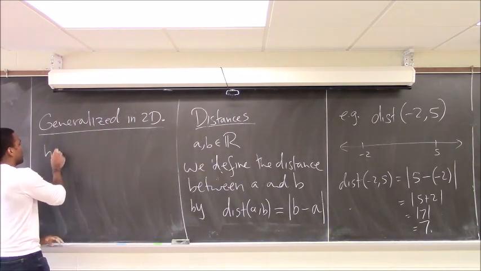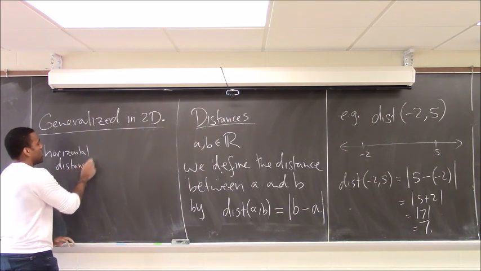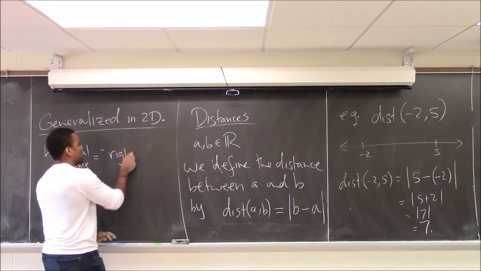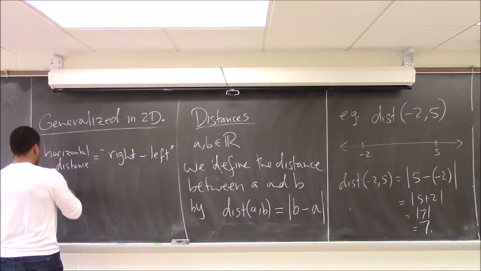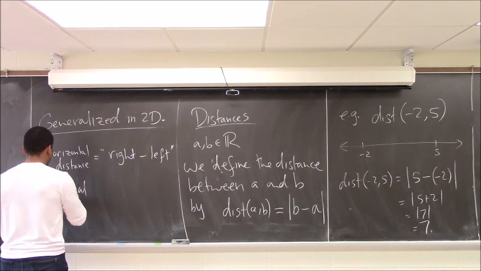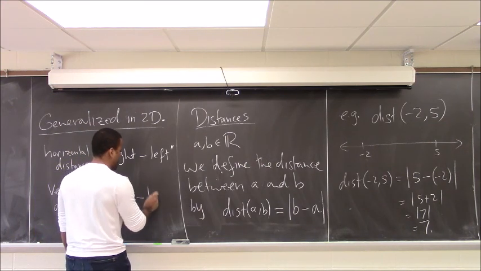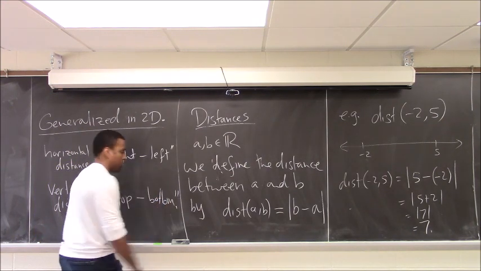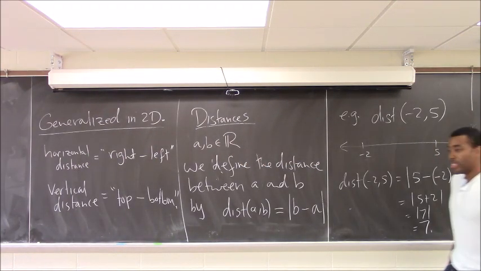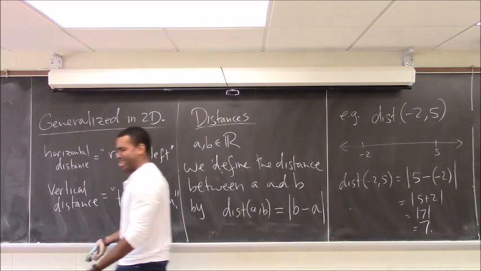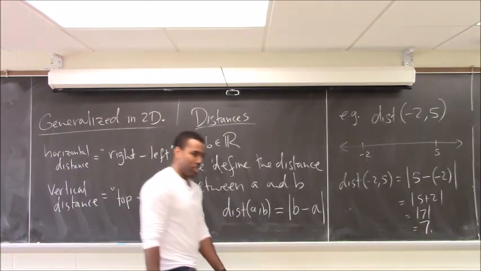And this just means horizontal distance is the following. If you're measuring a horizontal distance, what you want to think of is right minus left. If you're measuring a vertical distance, you think top minus bottom. There are a bunch of places in Calc 2 and Calc 3 where just that idea alone is going to make one problem go from confusing to trivially easy.